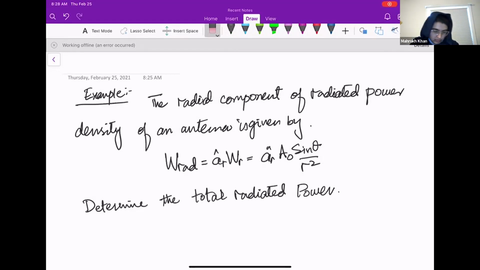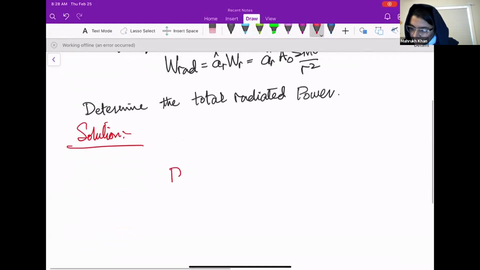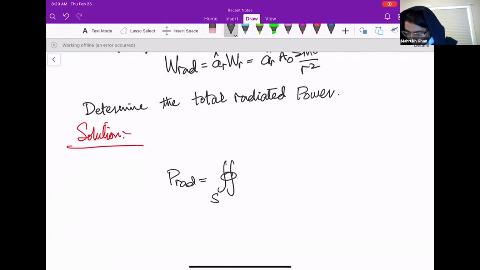Okay. So in the solutions, we know that we have developed the relationship of P-rad is equal to the integral of the power density dotted with n dA, right?